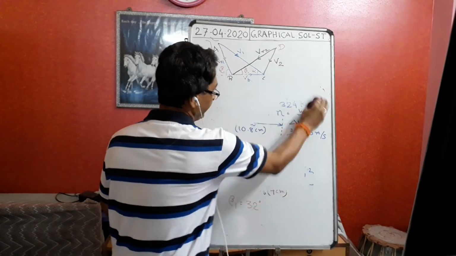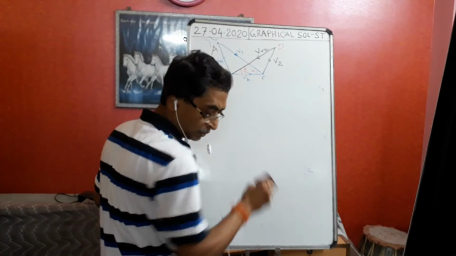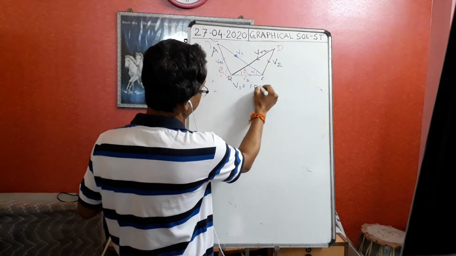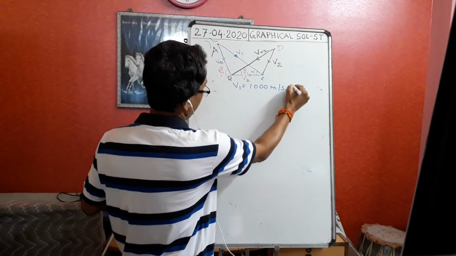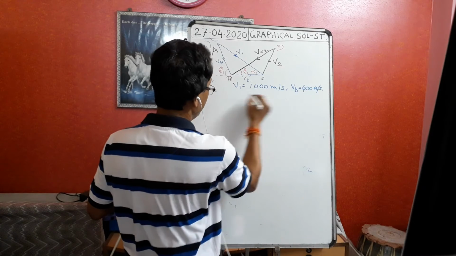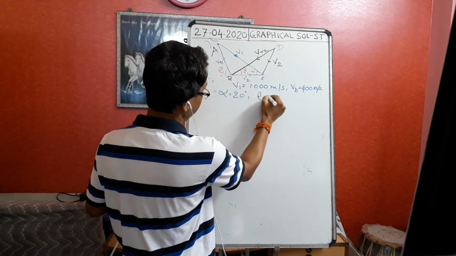If I tell everything, other parameters are same. What are the other parameters? V1 is 1000 meter per second. VB is 400 meter per second. Alpha, the nozzle angle, is 20 degree, and beta 1 and beta 2 remain same.